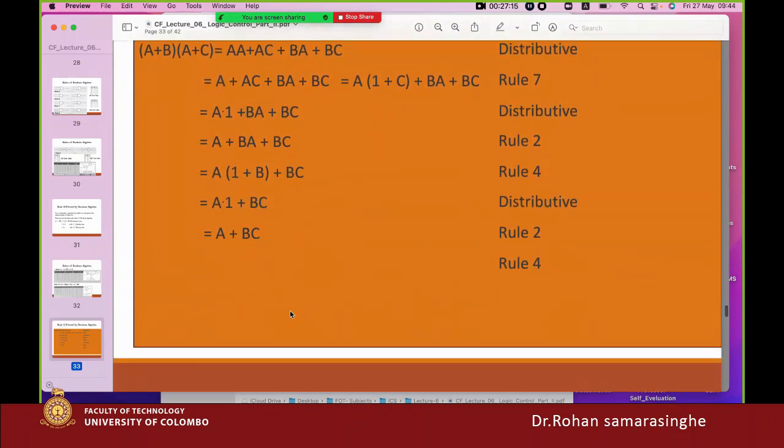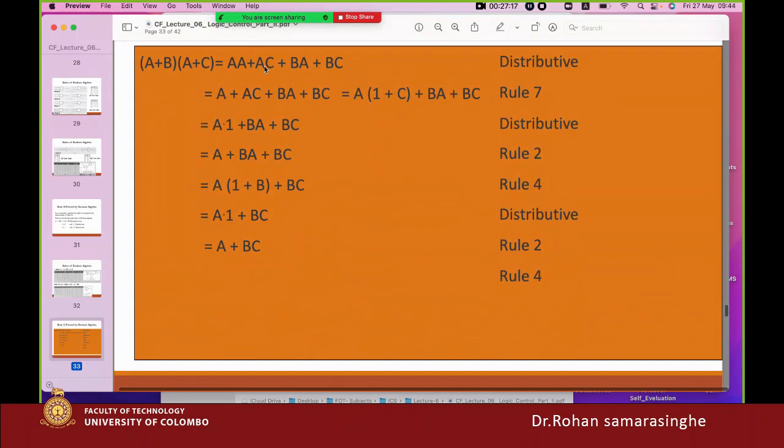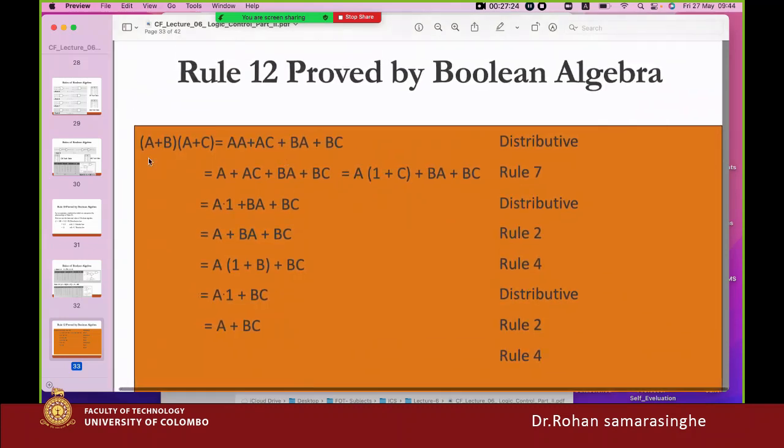A plus B times A plus C. When you remove the parenthesis, you can write AA plus AC plus BA plus BC. Once again you can get A times 1 plus C, that is 1.